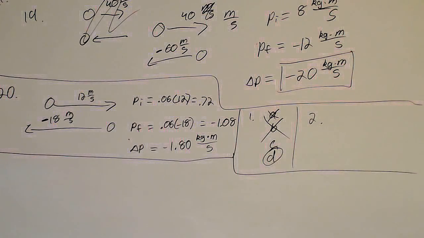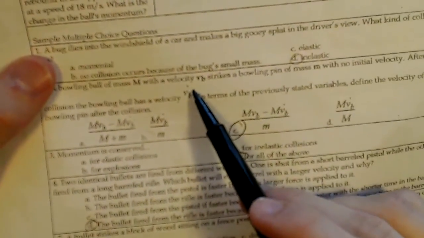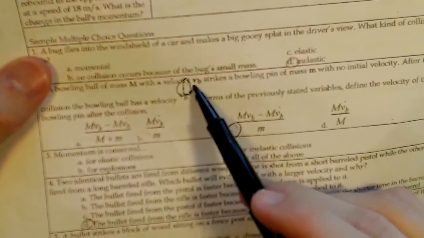Now, question 2 on the multiple choice. A bowling ball of mass m with velocity vb strikes a bowling pin of mass m with no initial velocity. After the collision, the bowling ball has a velocity vb prime. Now, I don't know about you guys, but let's see if I can get my webcam to focus. See that little tick mark right there? I just wrote on it.